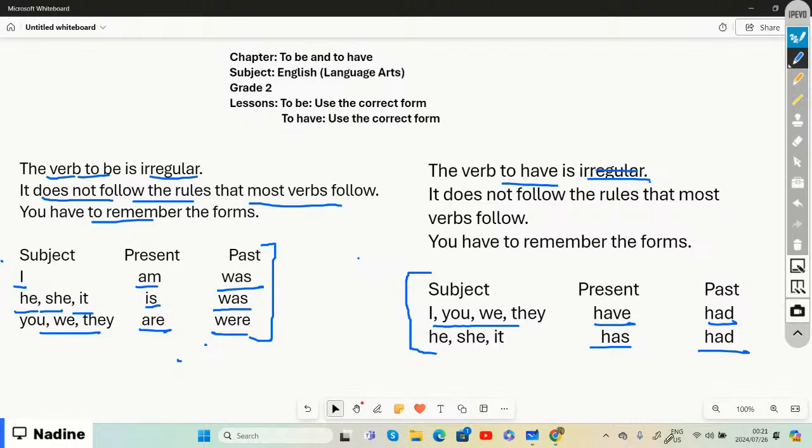So when we look at the subject, it says I, you, we, they have or had, he, she, or it has or had.